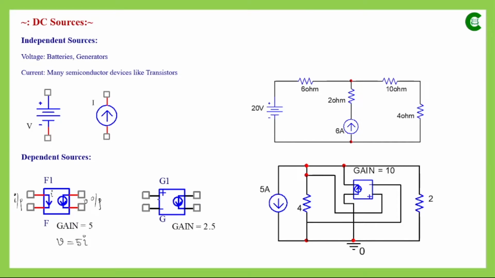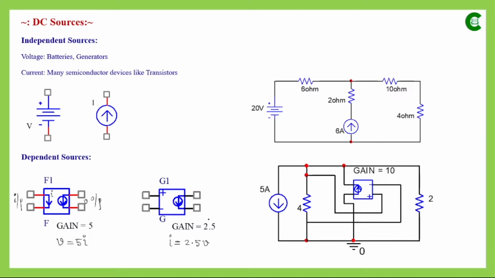Here the input side is connected across another element, and we measure the voltage drop across that element, and based on that we determine the current of that current source. So the output current is a function of the input voltage, and as we can see, the gain value is given as 2.5. So the output current will be 2.5 times the input voltage across the other element.